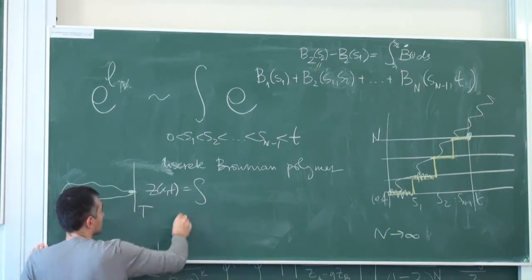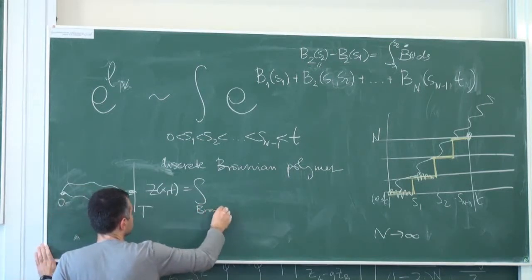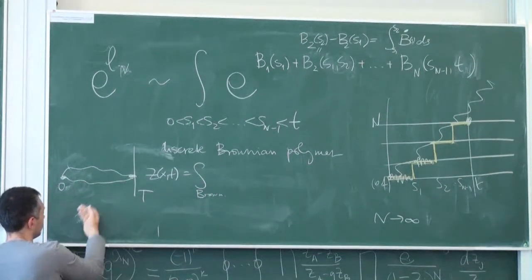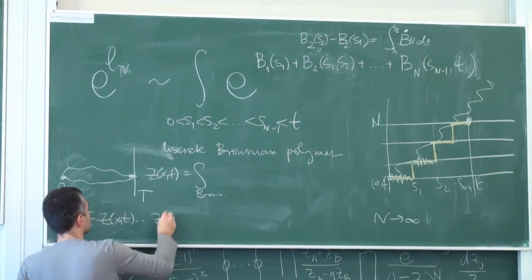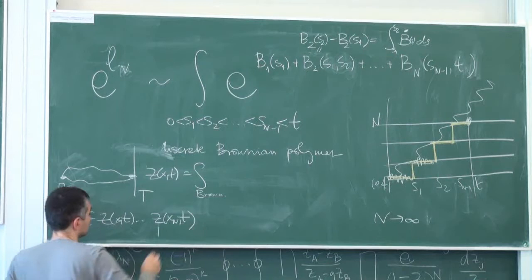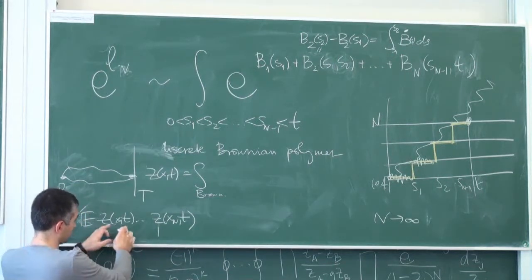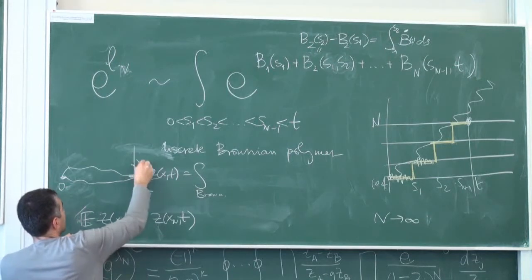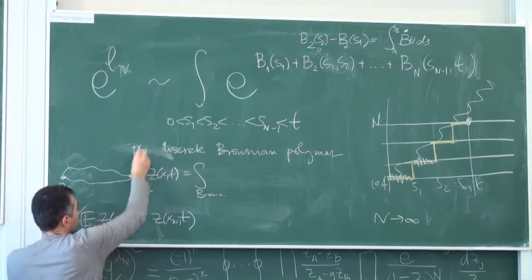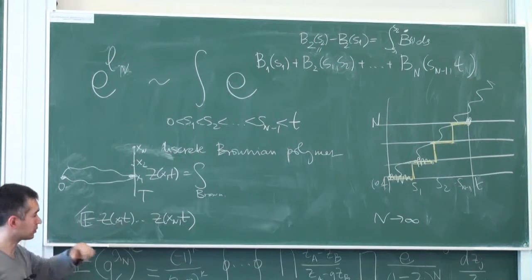So this is the integral over the Brownian path. Then if I take the expectation of Z(x1,t) through Z(xn,t), actually you can take all x's to be the same, but this is x1, x2, and so on. Then the moments are somehow not hard to compute.